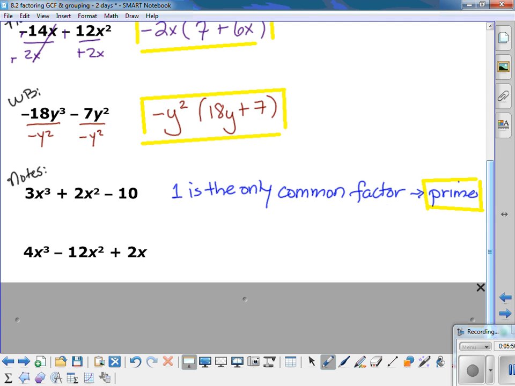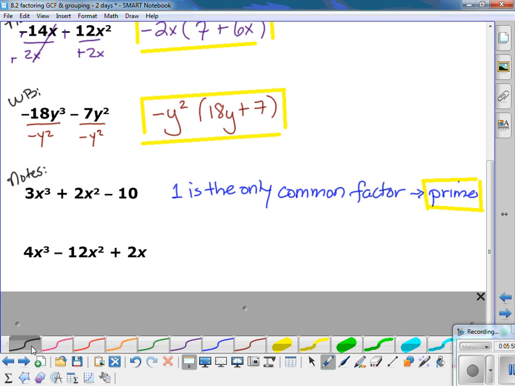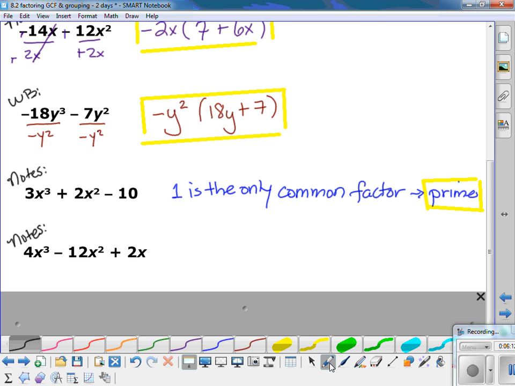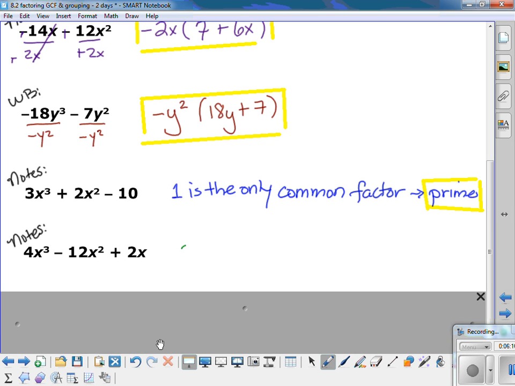All right, and here's another one for your notes. Now we've got 4x cubed minus 12x squared plus 2x. And so 2 goes into all of those. It's the biggest number that will divide into them. And they all have at least one x, so I can divide out the 2x.